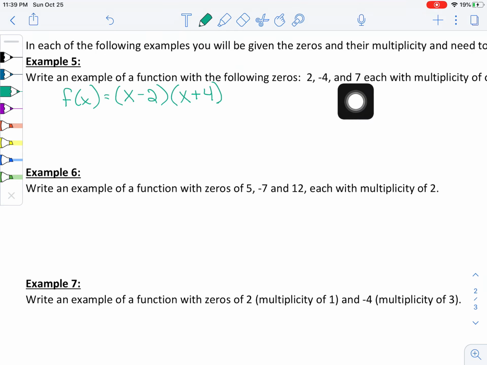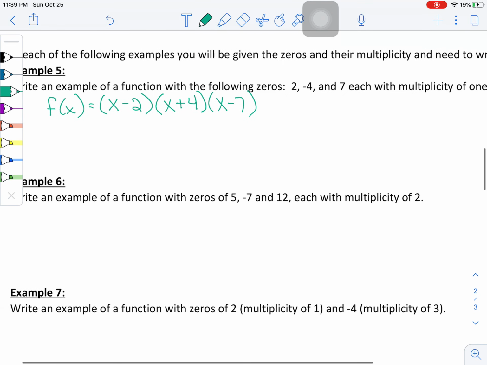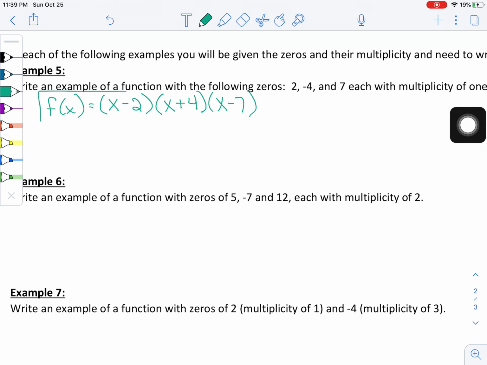And then I have a zero of 7, so a factor of x minus 7 would give me a +7. Now, the multiplicity of 1 means I want each of these factors to show up one time. And so this would give me my +2, this would give me my -4, this would give me my +7, and I have just written an example of a function with those zeros.